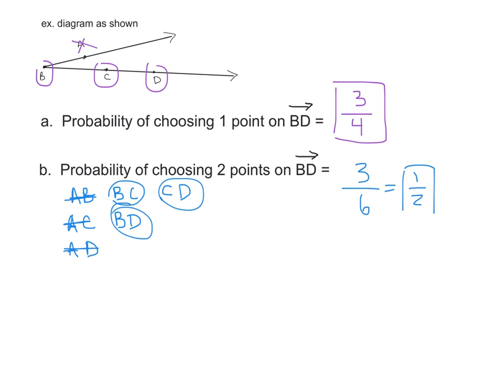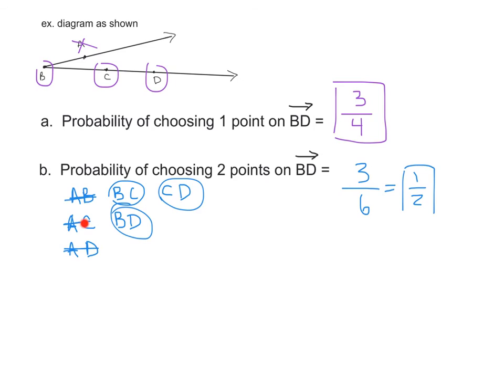So the key on this problem is that anytime it says choose 2, choose 3, choose 4, you have to make a list. Okay, next year when you get into a whole unit on probability, they'll start showing you shortcuts. But for our curriculum's sake, it is important that I am responsible to teach you how to list out your options and then be able to choose winners and losers from those options.